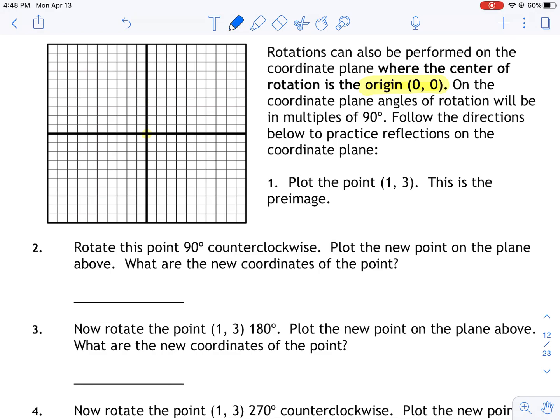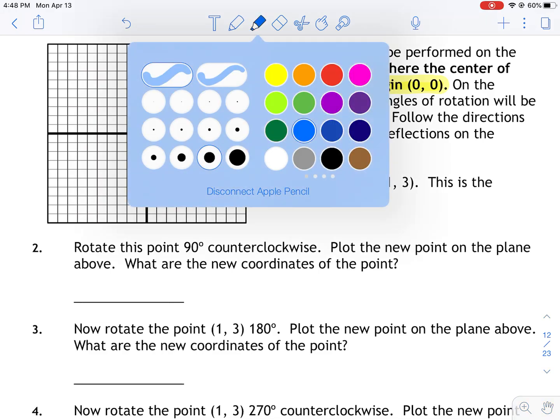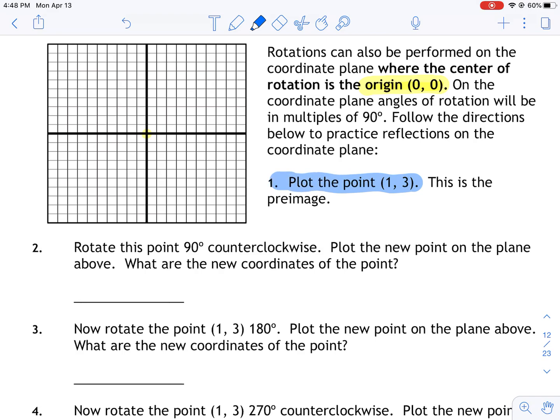Again, plotting the point 1, 3. I'm going to start like we've always started before. Plot the point 1, 3 right there. Now we're going to rotate this point 90 degrees counterclockwise.